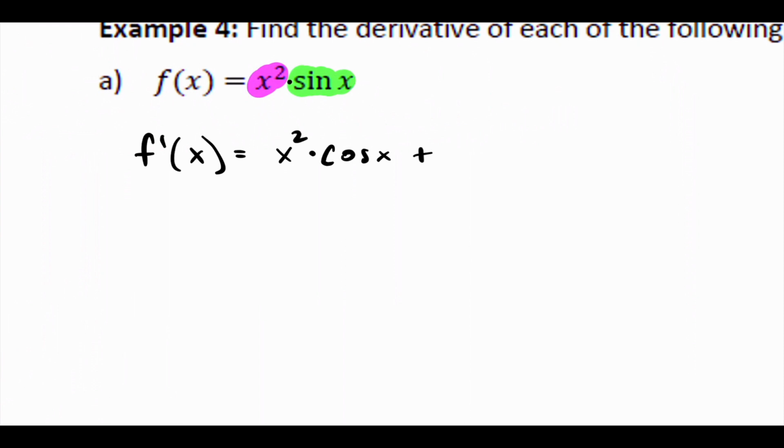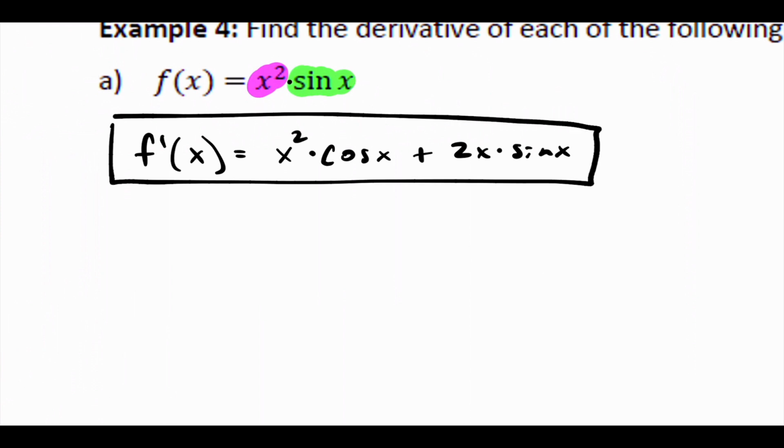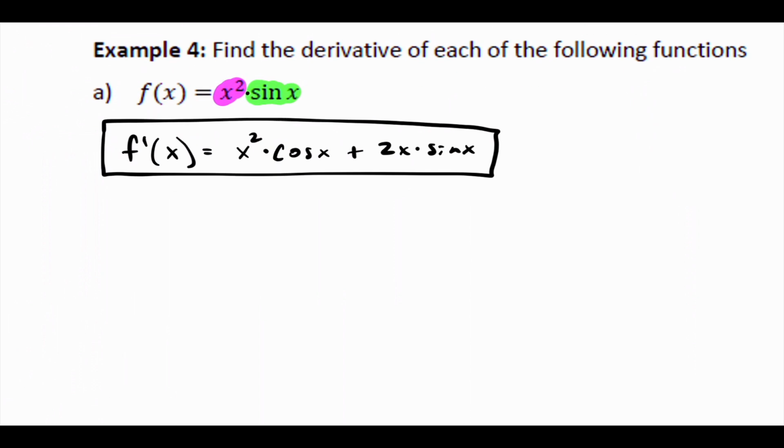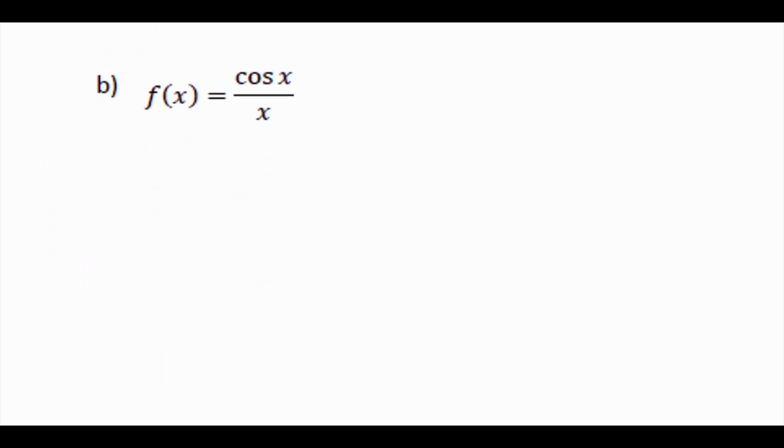The derivative of the first, 2x, times the second. Those guys aren't like terms. There's nothing like about them. So we're done. All right. So here, let's do b now.